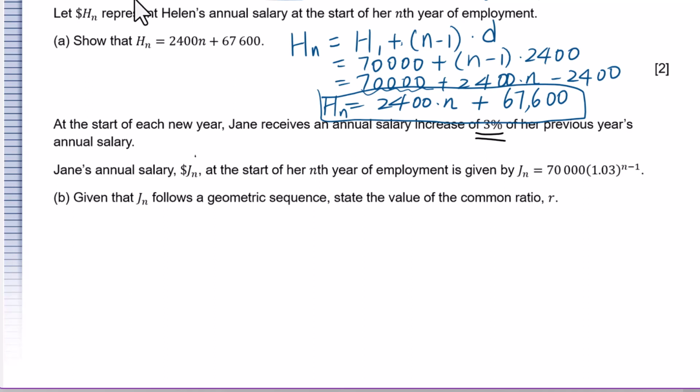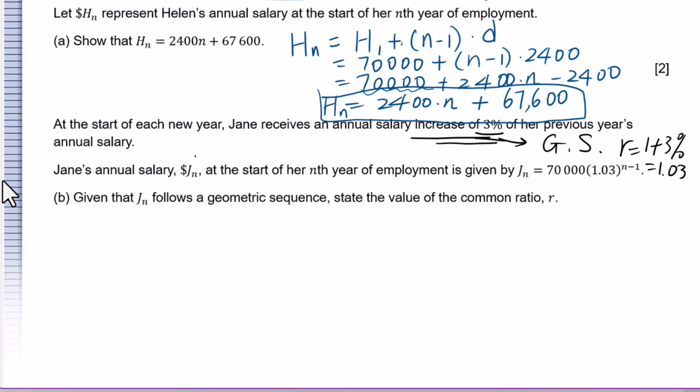At the start of each new year, Jean receives an annual salary increase of 3% of her previous year's annual salary. Increase of 3% means Jean's salary will form a geometric sequence, and R equals 1 plus 3% equals 1.03.